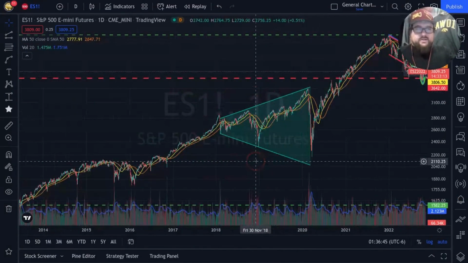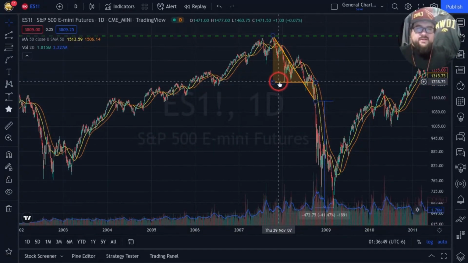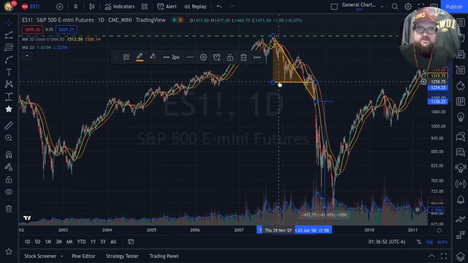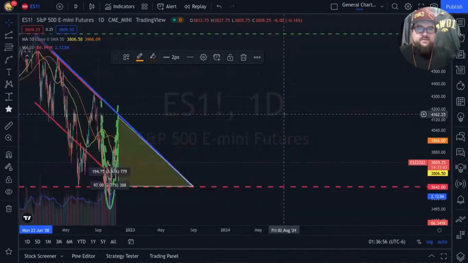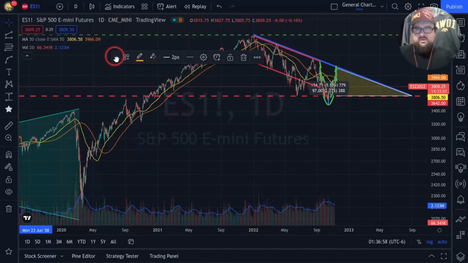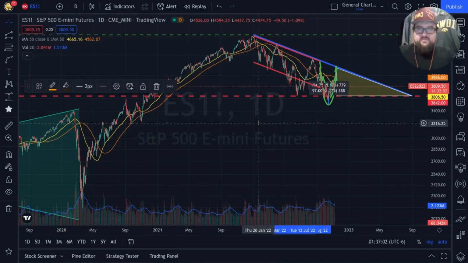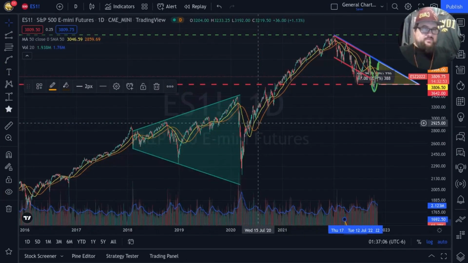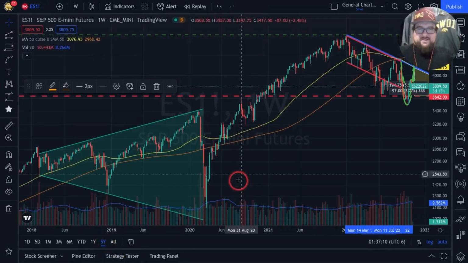And of course I did this a little too soon. So what I'm going to do is copy and paste this exact shape here and put it on today's time frame and see how it matches up. It's still back there. Sorry, just 1 second here. Gotta go back and grab it.